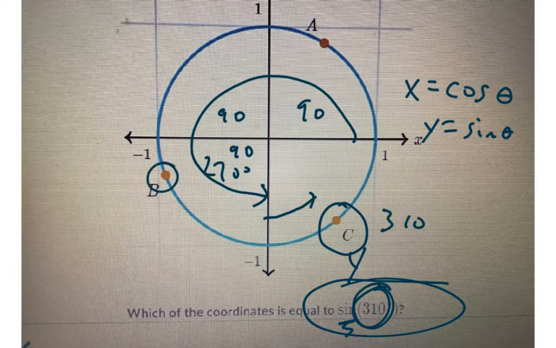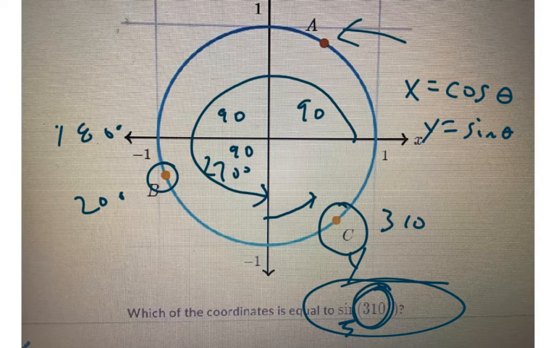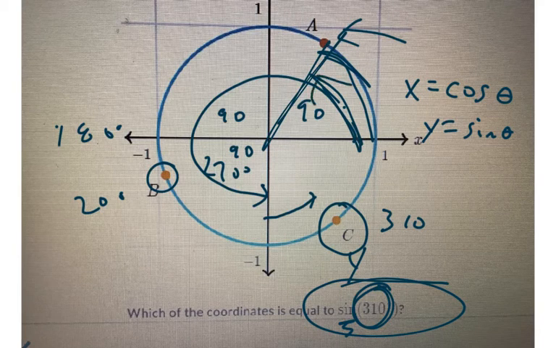See, point B would be like, let's say 200-ish, a little bit past 180, right? And A, of course, is a small angle. It just goes from here to there, okay? A, if we were to approximate, is around 60 to 70 degrees-ish. So we know it's C.